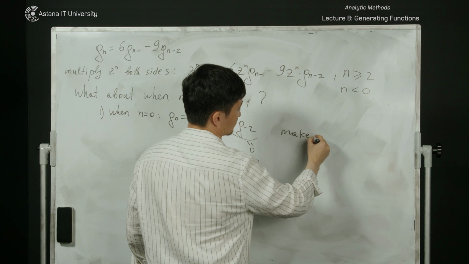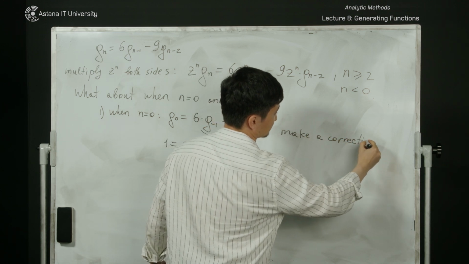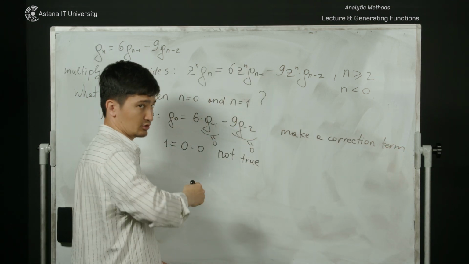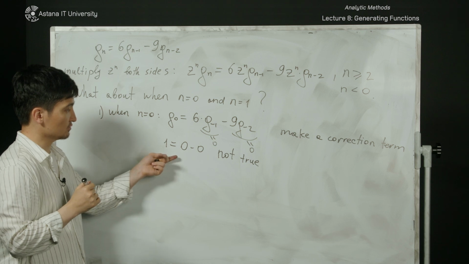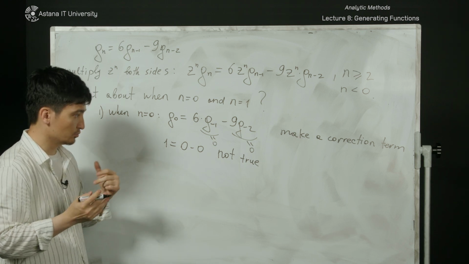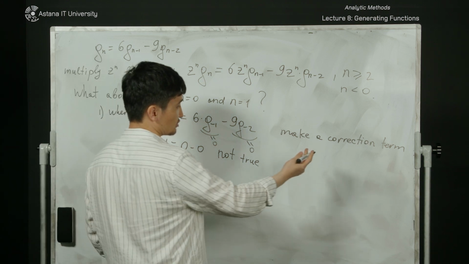We introduce a correction term to make it equal. To get 1 equal to 1, we need to add 1.